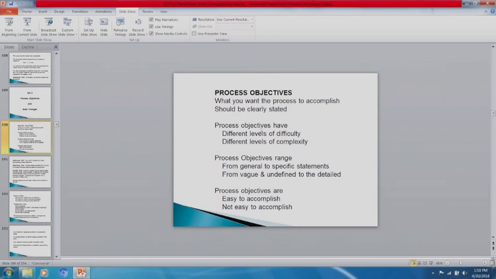Some process objectives have different levels of difficulty and different levels of complexity. They range from the most general to very specific statements. They can be very vague and undefined, or highly detailed. Some process objectives are easy to accomplish, and some are not so easy to accomplish.